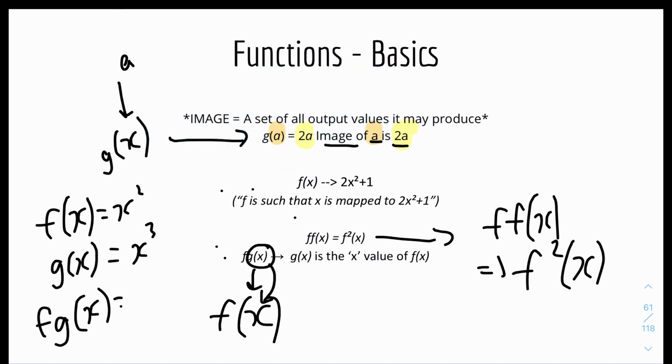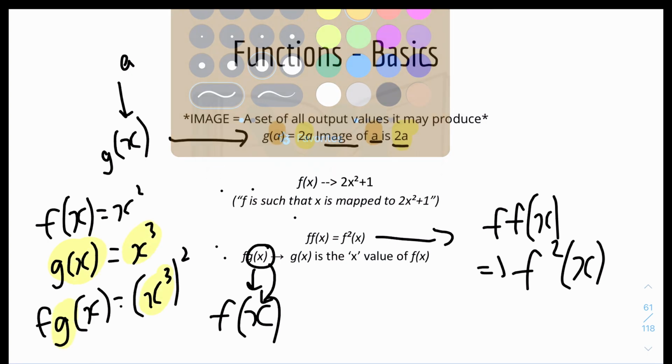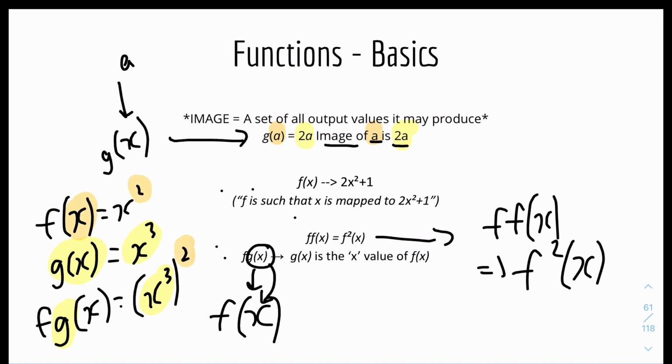Therefore, it will be x squared, so x cubed squared. Look at how they relate. g(x) is this, and this, and square, like so. Because you're replacing the original x value from f(x) with the g(x) value.